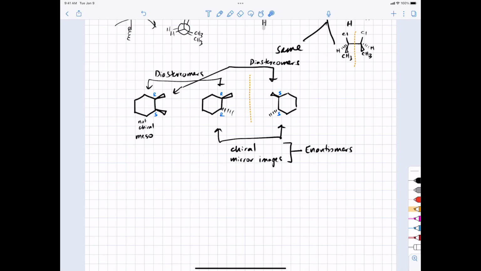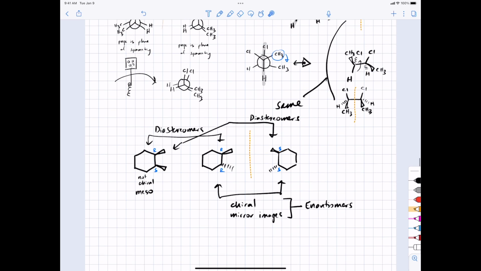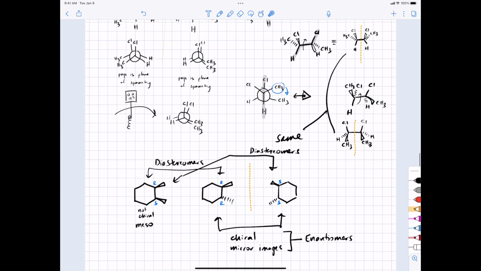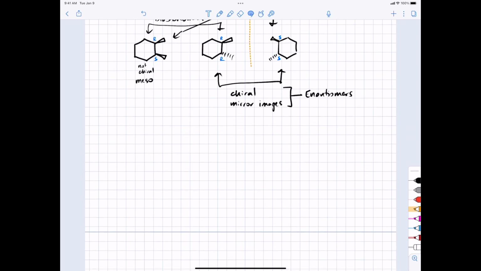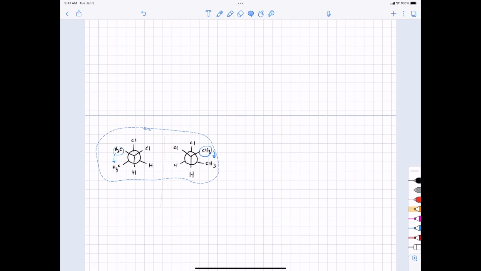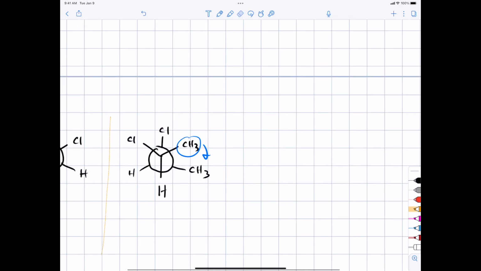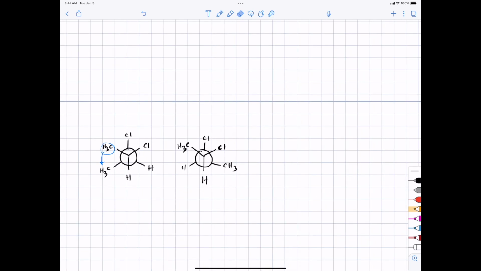Okay, so now you can see how this can get even worse, because I could have drawn these two, and I might have instead switched the stereochemistry on one of them. And asked, what is the relationship between these two?